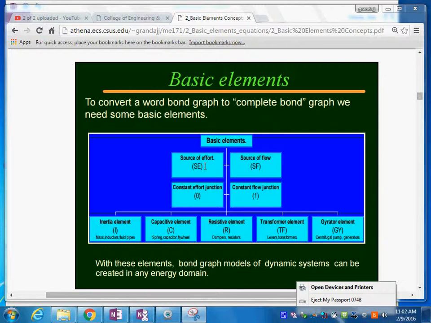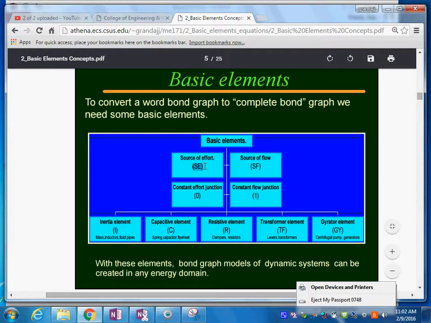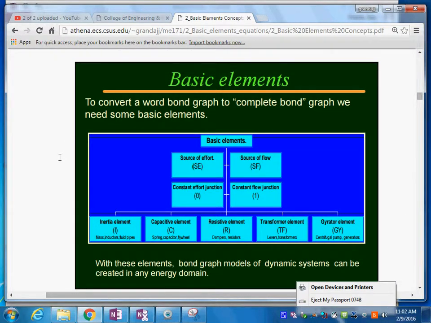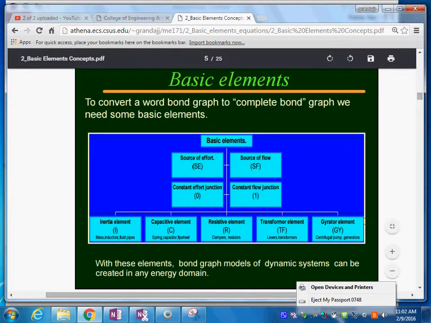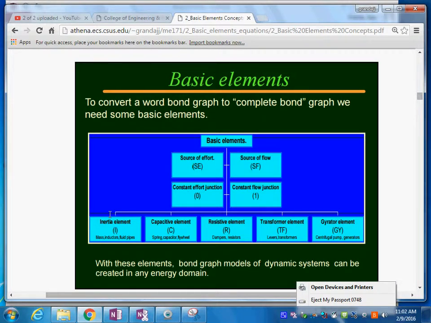So what we have in here is two connections, two sources, and these five other elements. The first element is called an I element, which is the element that allows us to store kinetic energy. The second element is the C element that allows us to store potential energy.